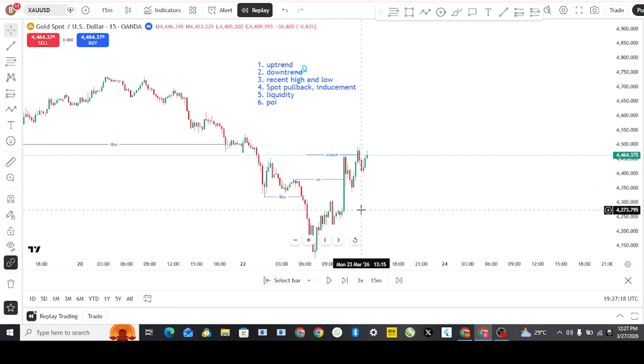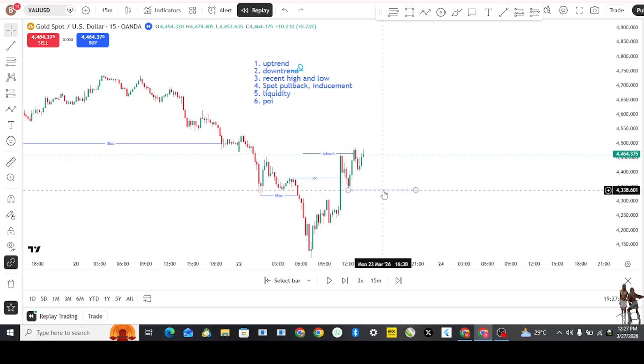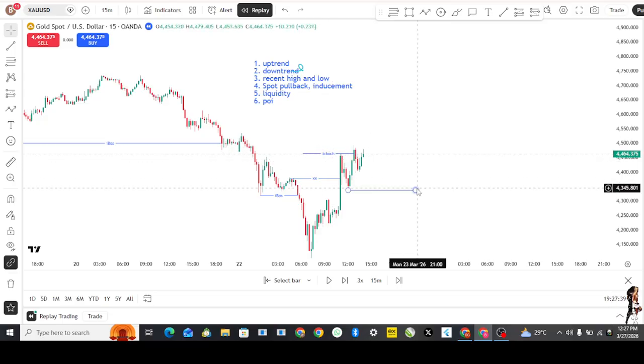The market has given us a signal at this point, and immediately the market has given us a signal, we look out for our inducement. Where is our inducement? This is our inducement. This is our first pullback here after we close above our internal change of character.